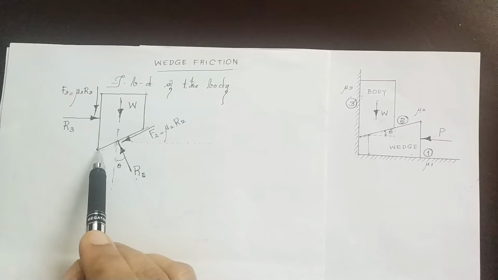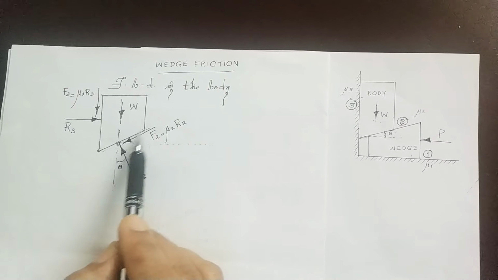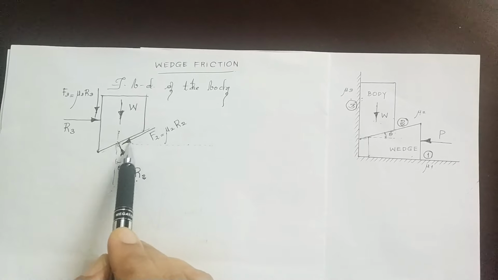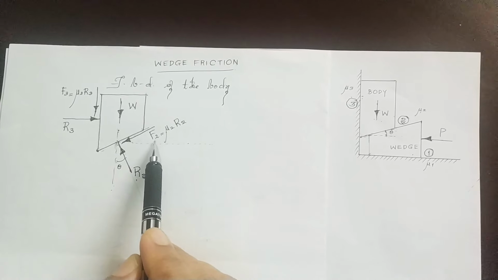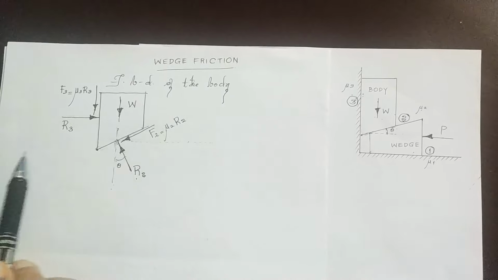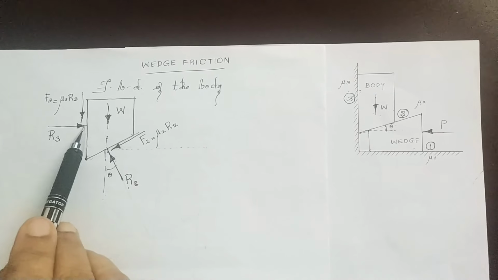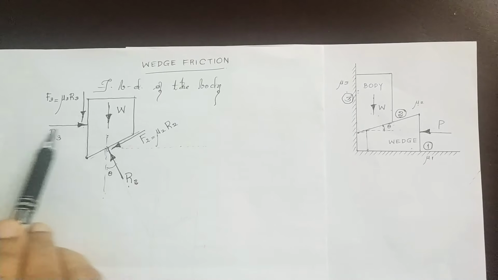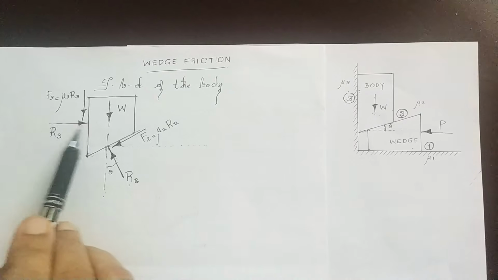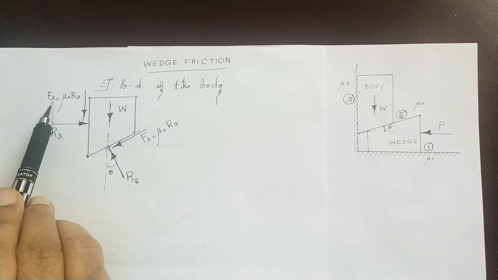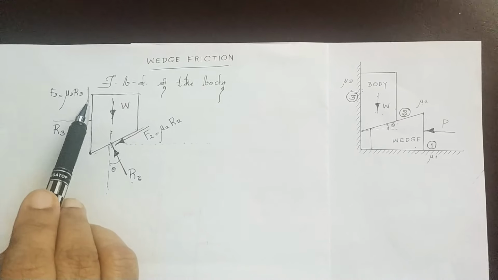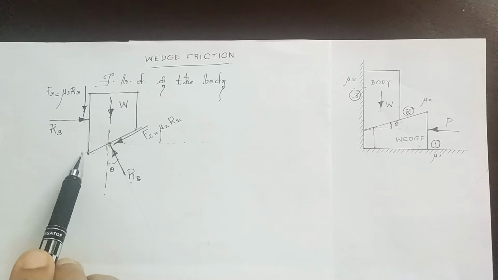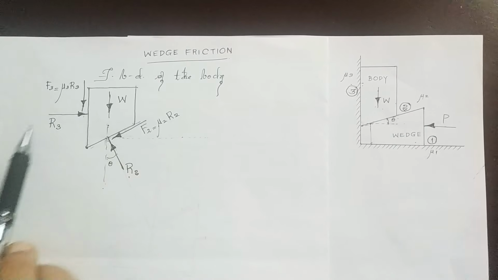And since the body is sliding upwards, we have the friction acting downwards, and F2 is equal to mu2 R2. Then we have the normal reaction R3 at surface 3, and obviously the frictional force F3 is equal to mu3 R3 acting downwards as the body is lifted upwards. Clear?